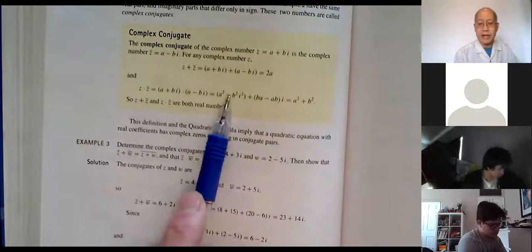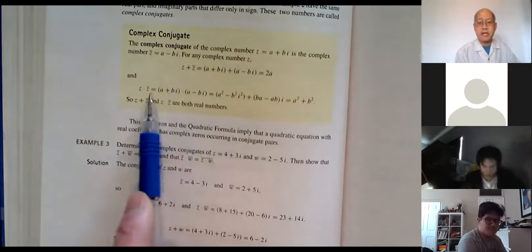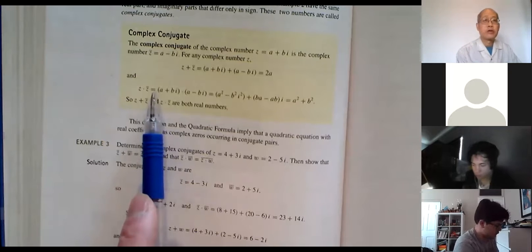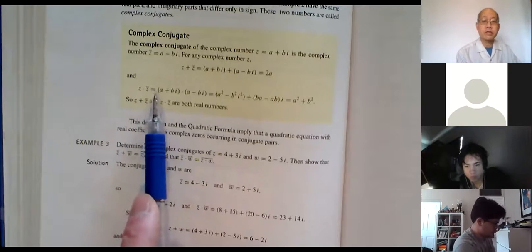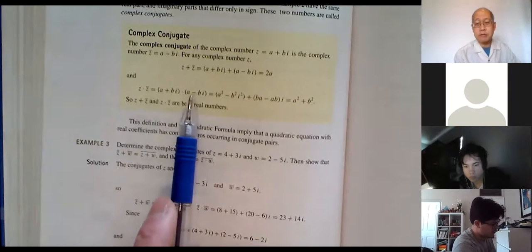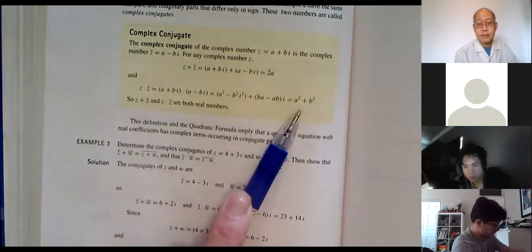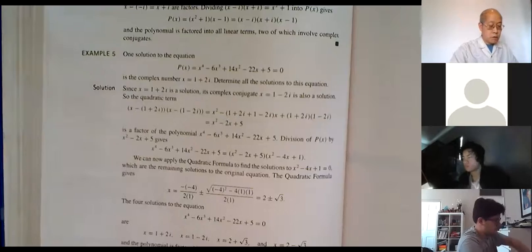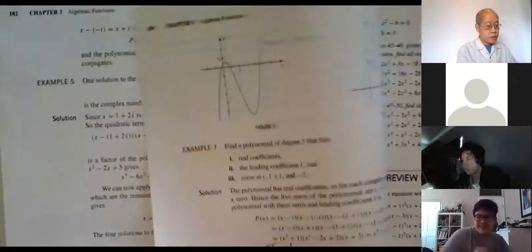You don't even have to write it down, just letting you know that that's what happens. So if we have 2 minus 3i times 2 plus 3i, you're going to get a real number. And we'll observe that when we actually do some problems involving it. All right. And let's see. Now I'll just give you a little bit of my own introduction.